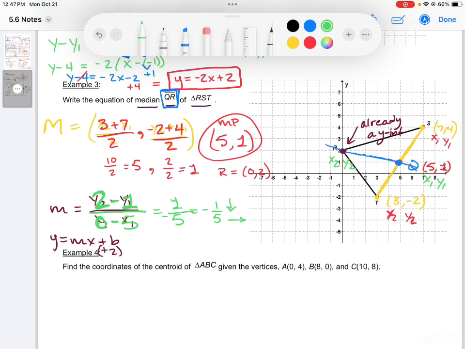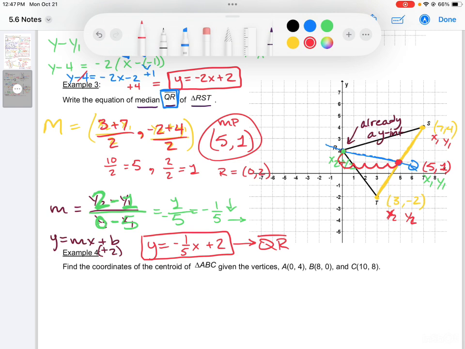That means it's going to go down 1 and to the right 5, or it could go up 1 to the left 5. If we look at this in particular, we go down 1 and then over 1, 2, 3, 4, 5, so we can confirm that's right. So we have a line that has a slope of negative 1/5 and a y-intercept of plus 2. And that gives us the equation of QR.